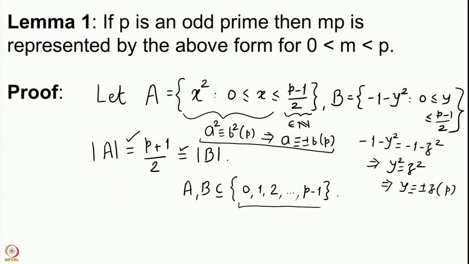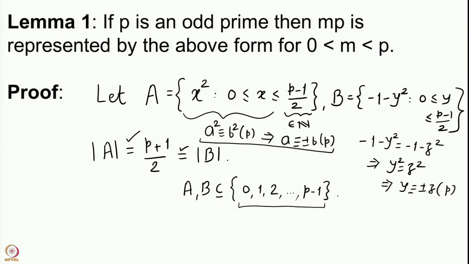This is because if they had distinct elements, then their union would have p plus 1 elements: you have (p plus 1)/2 elements in set A and (p plus 1)/2 elements in set B, and if all these numbers are distinct, which would mean that none of the elements in A is in B and none of the elements in B is in A, then the union would have cardinality p plus 1, which is going to give us a contradiction, because here we have exactly p elements.